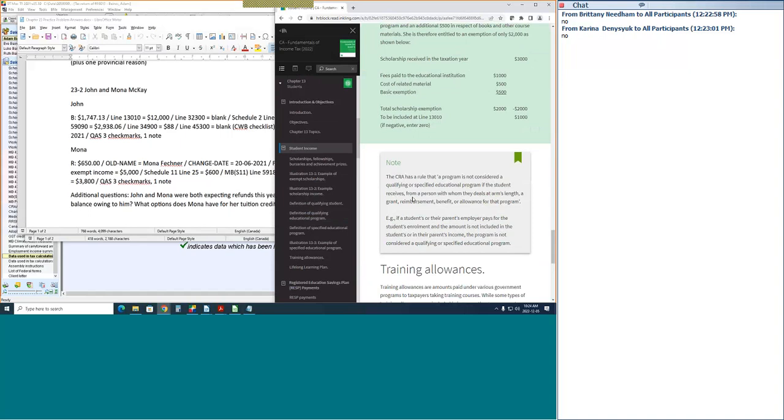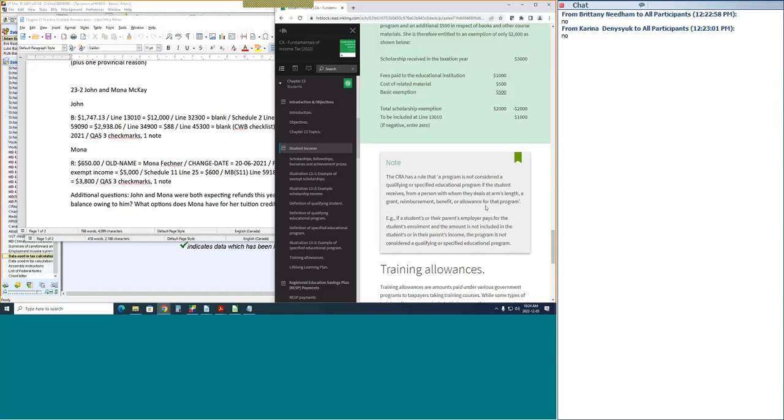You would give them a hug if you saw them, probably. That doesn't count. For that, you're still a qualified student in a qualified program. But if it's someone who you wouldn't naturally go up and hug, like your employer, or in this case, the sports club, they are dealing at arm's length. If you received a grant, reimbursement, benefit, or allowance for that program, then you are not in a qualifying program.